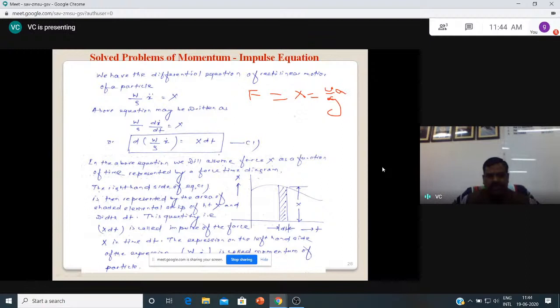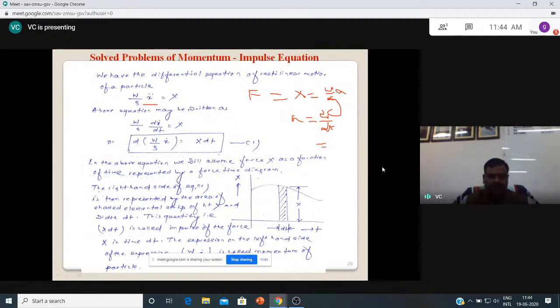This acceleration is dv by dt, velocity with respect to time. That is nothing but v is dx by dt, and d square x by dt square is what we are calling x double dot. We can write like that also.